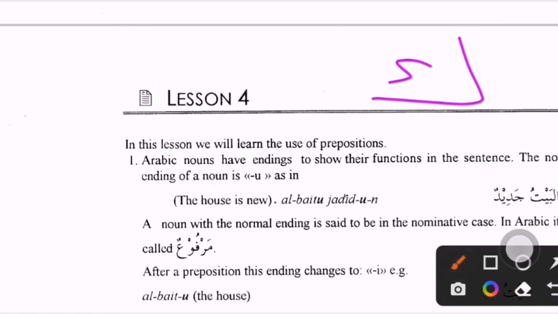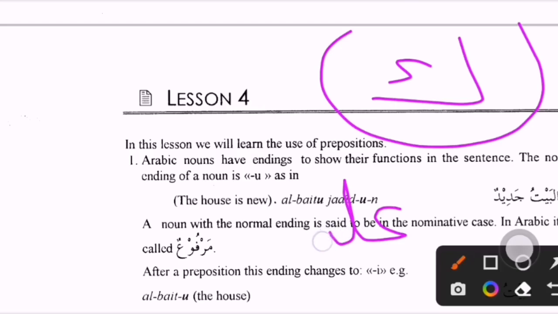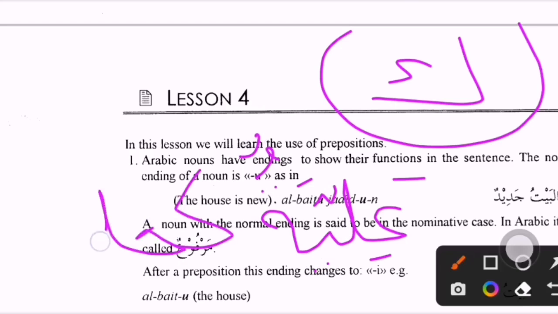Beautiful. So for example, maybe I wanted to say Aliyah is like Halima. I will say Aliyatun ka Halimatin.